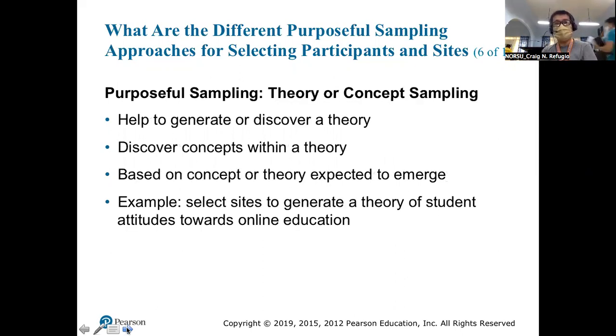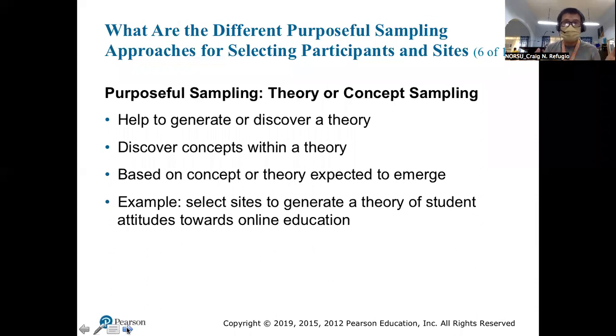In terms of theory or concept sampling, it helps to generate or discover a theory, or discover concepts within a theory, based on a concept or theory expected to emerge. So, for example, select sites to generate a theory of student attitudes toward online education.